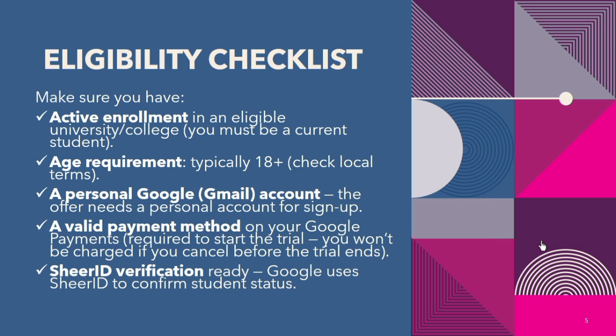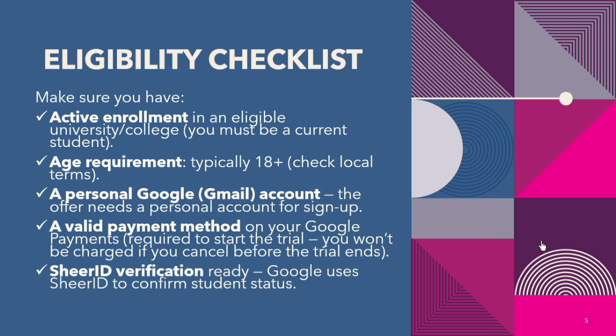Then, secondly, your age requirement. You must be at least 18 years old, and that is the standard for Google. For you to create an email, you must have reached at least 18 years. Then you also need a personal Google account, which is a Gmail account.